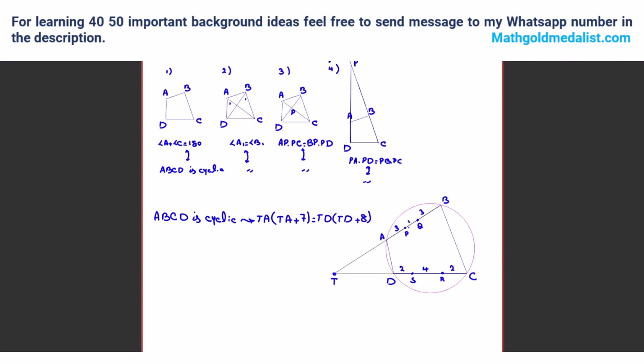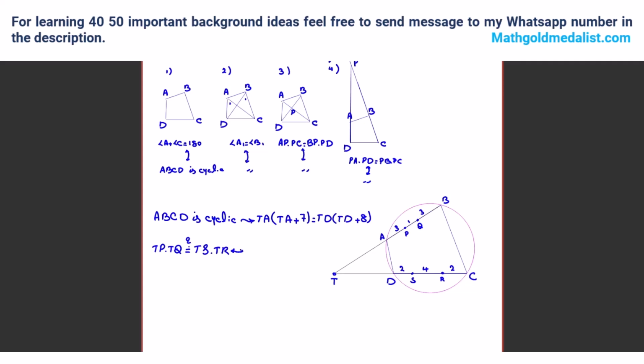Now I want to prove PQRS is cyclic. So I want to prove TP times TQ is equal to TS times TR. If we prove this by the 4th rule, we can prove it is cyclic.